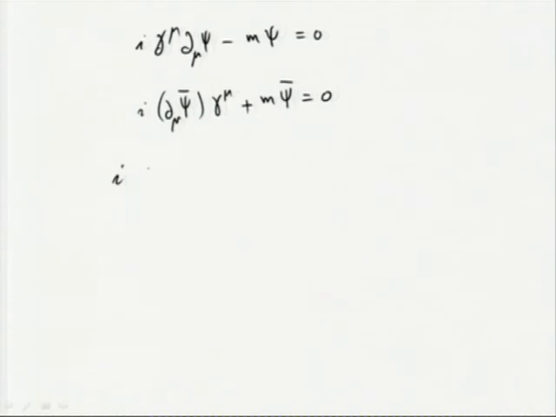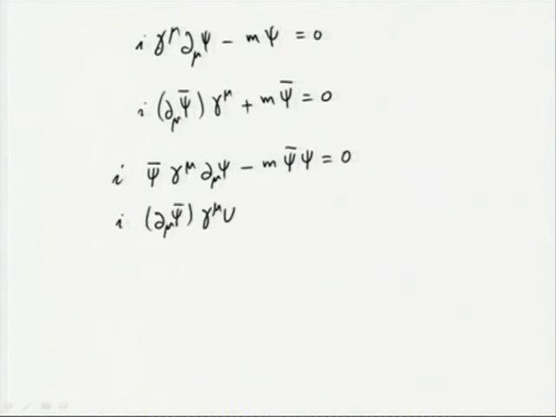So, that will give me I psi bar gamma mu dou mu psi minus m psi bar psi equal to 0, and the second one multiply by psi from the right: I dou mu psi bar gamma mu psi plus m psi bar psi equal to 0. Okay. So, these together and these together.